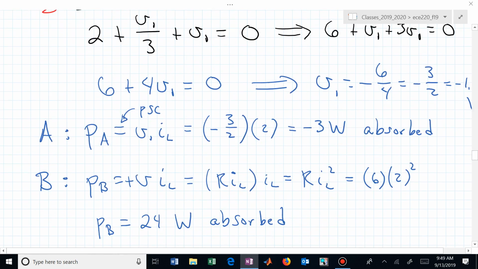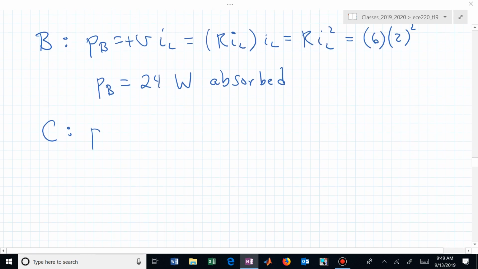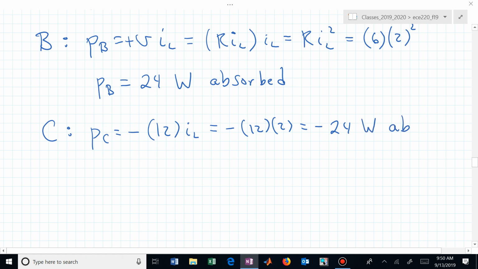So now we have P sub C is minus the 12 times I sub L. And this is minus 12 times 2. This is now minus 24 watts absorbed. It's actually supplying power. It's supplying what that resistor needed, the 6 ohm. What about D?